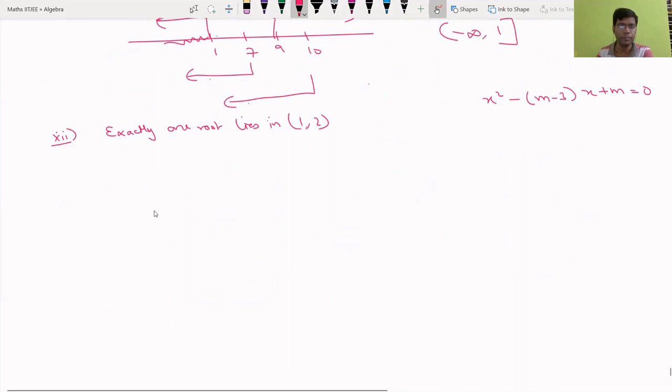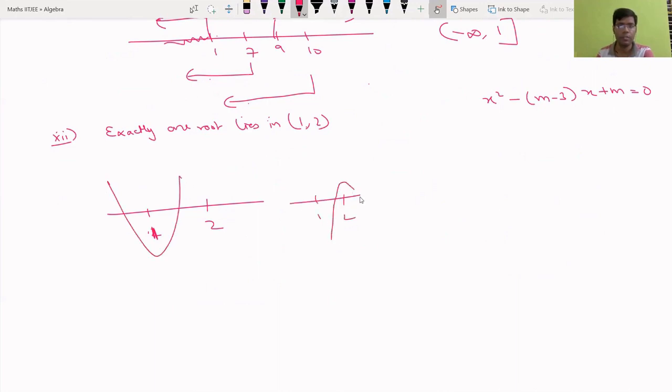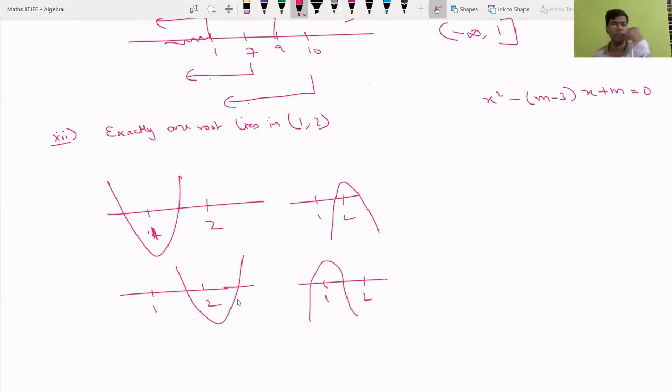So this is my 1, 2. So it will be either like this or like this or like this, like this. So either of these 4 conditions we will have.